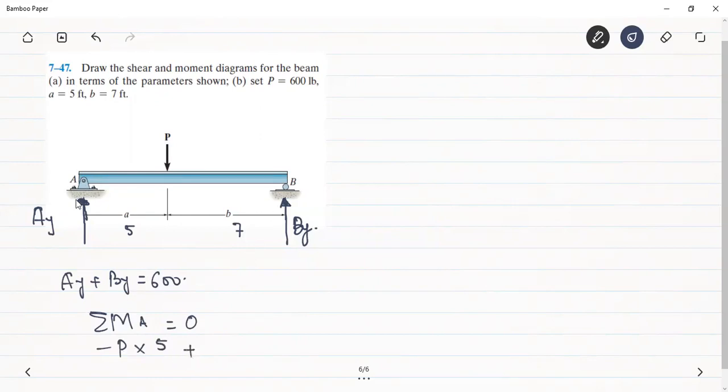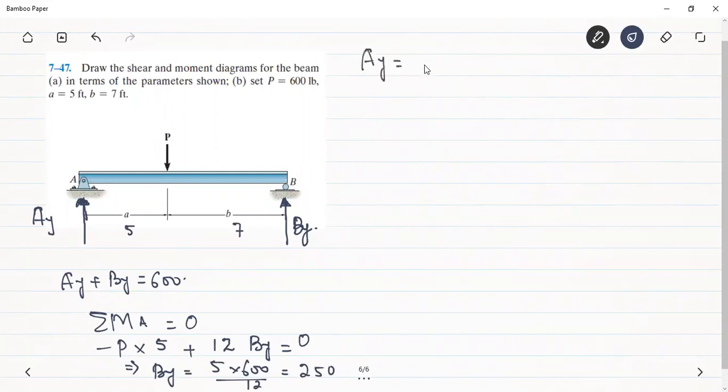BY will create an anti-clockwise moment about A, therefore the distance will be from here. BY should be 5 into 600 divided by 12, so BY is equal to 250 and AY will be equal to 350.